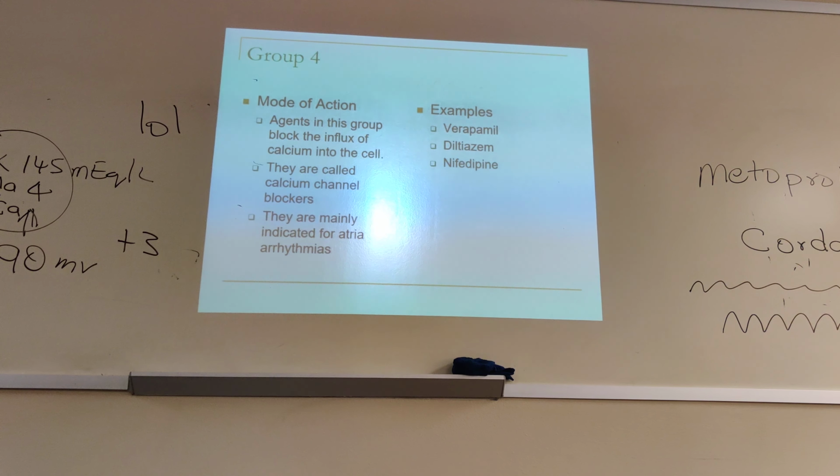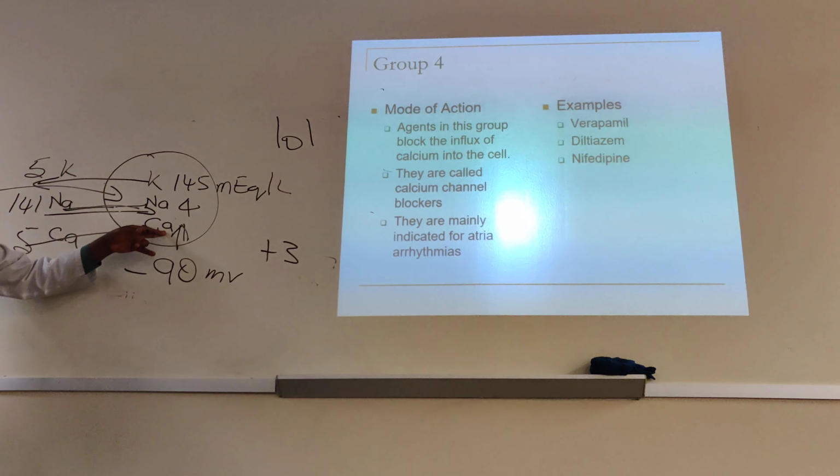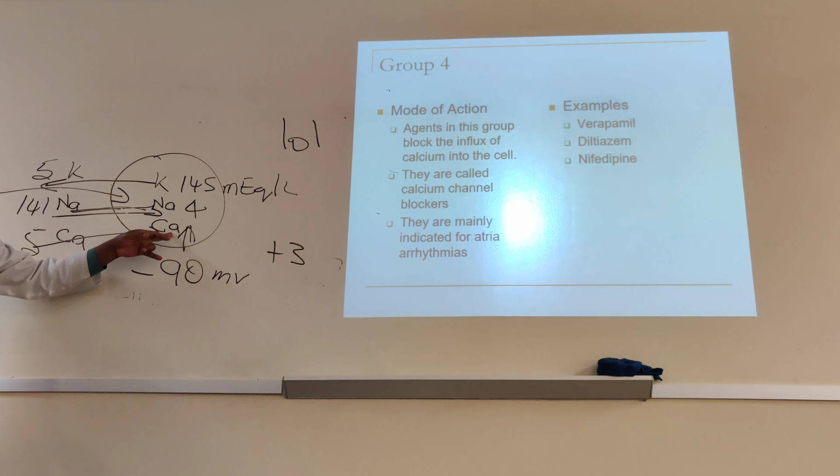Now we go to group 4. Group 4 drugs are those drugs that will prevent the influx of calcium into the cell. Just remember, we're trying to decrease contraction now. So that's why we call them calcium channel blockers. It's going to block that channel that calcium goes through to get inside the cell.